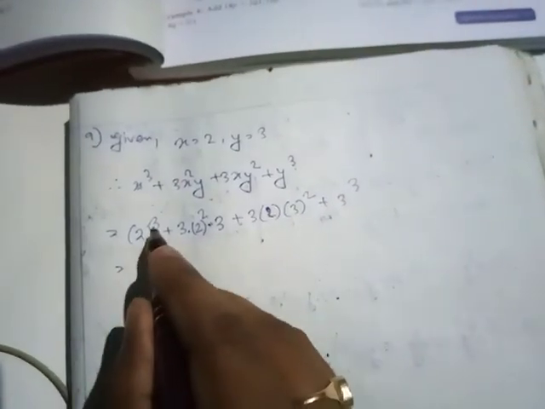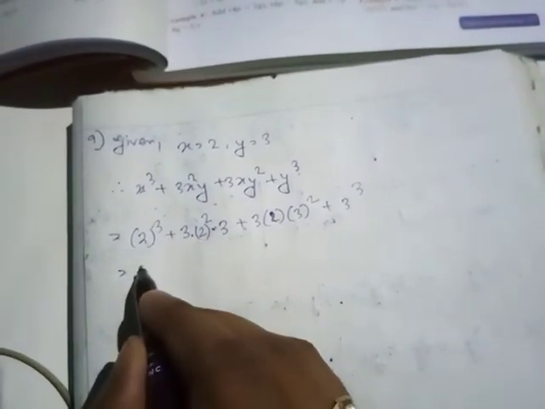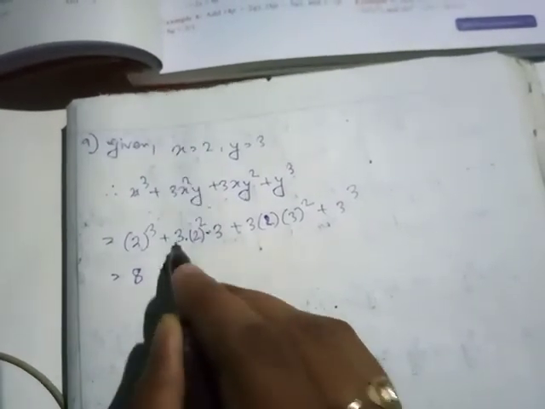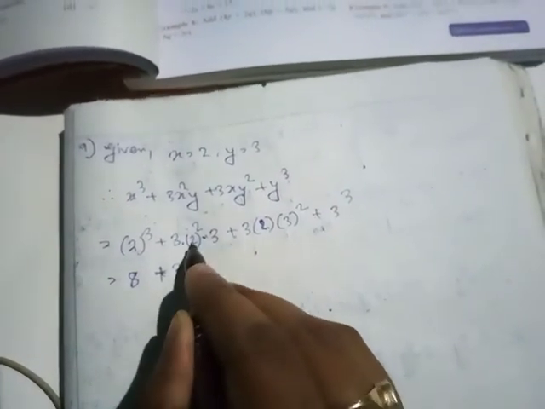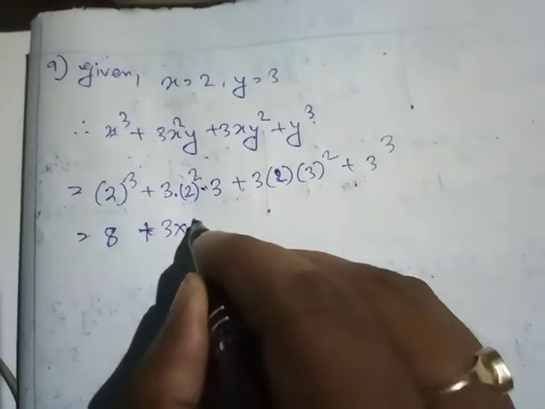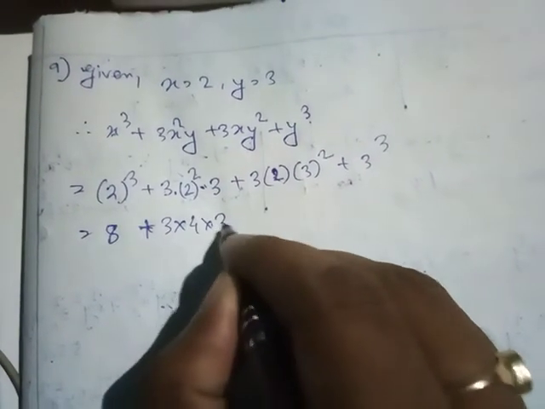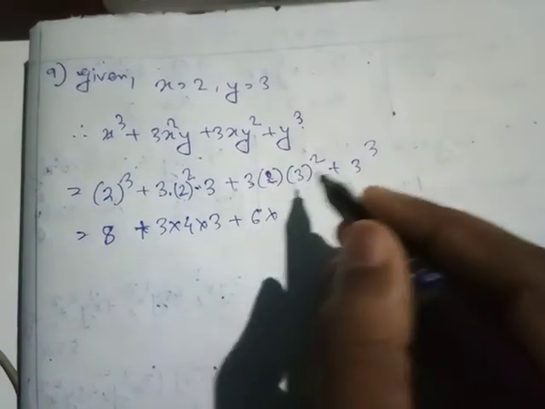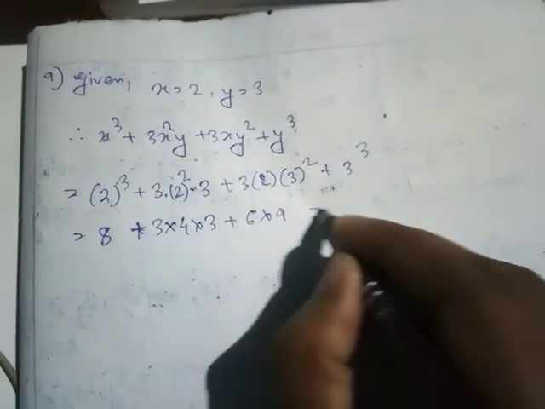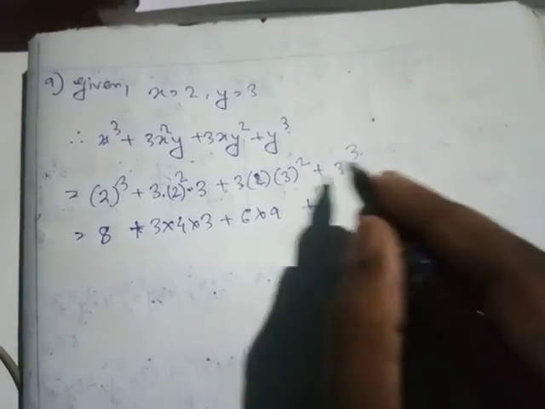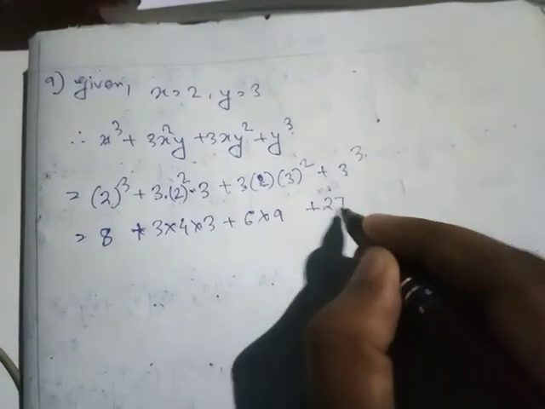Now we know 2 cube means 2 into 2 into 2. It is 2 into 2, 4, 4 2s are 8, so it is 8 plus 3 into 4, square means 4 into 4, so 2 into 2 is 4, into 3 plus 3 2s are 6 into 3 square means 3 into 3, 3 3s are 9, plus 3 cube means 3 into 3 into 3, 3 3s are 9, 9 3s are 27.